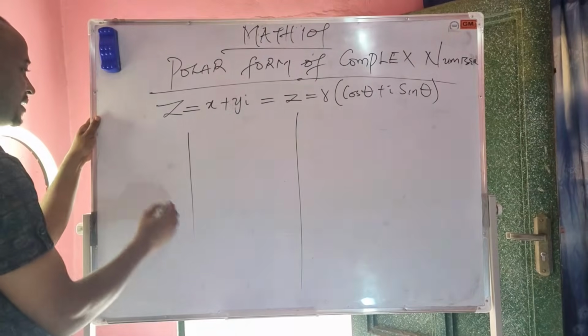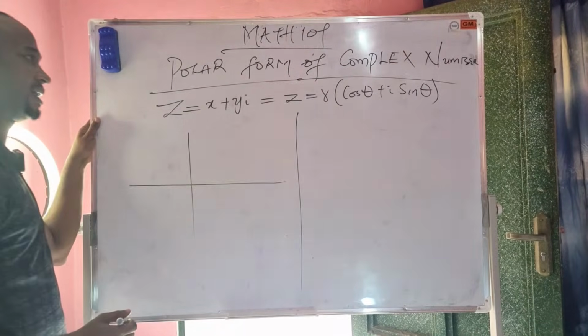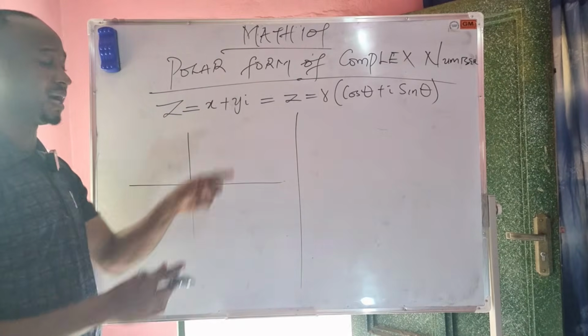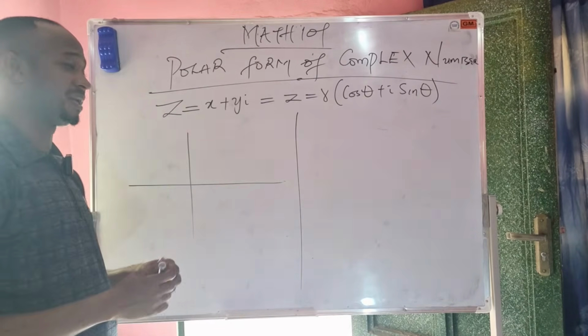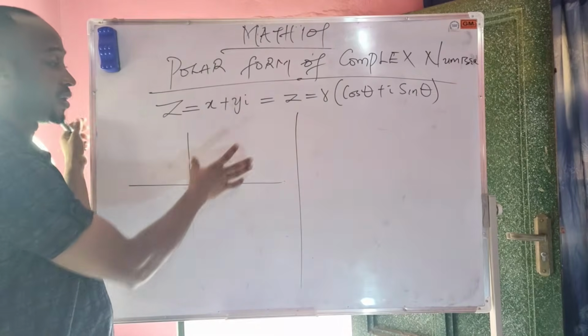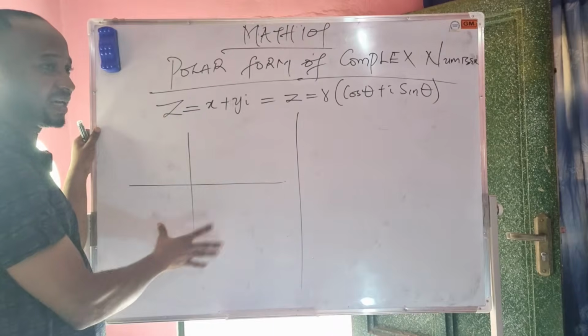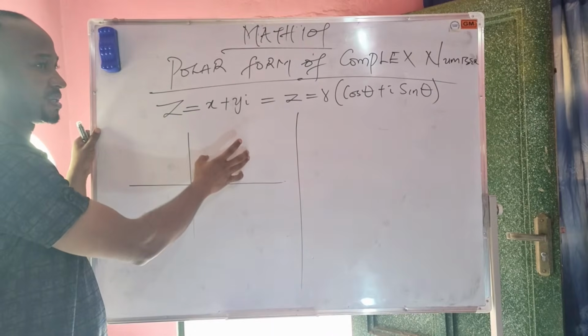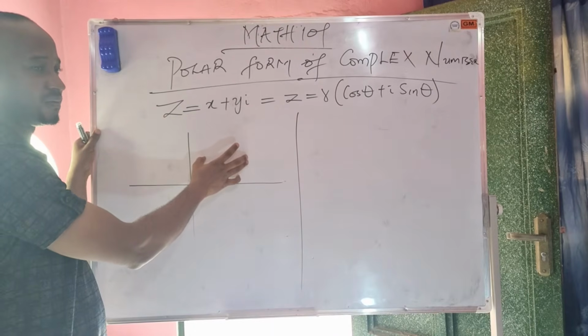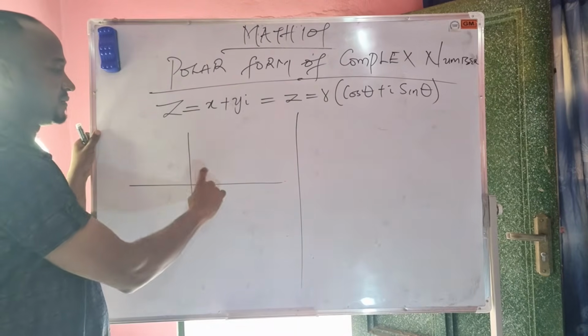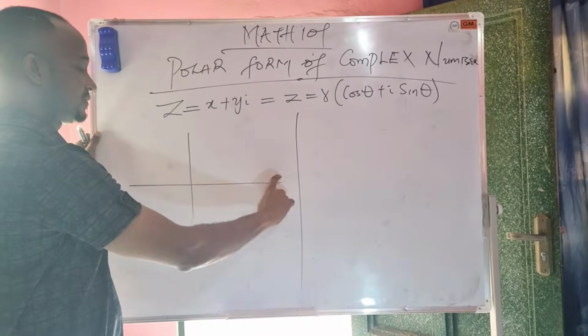Looking at the Cartesian diagram, if z equals x plus yi, and both x and y are positive, that means they fall in the first quadrant of this Cartesian diagram. In the first quadrant, all is positive: the y-axis is positive, x is positive.